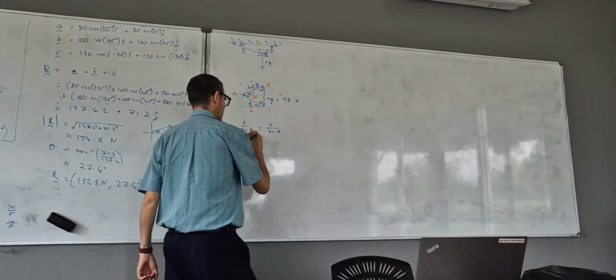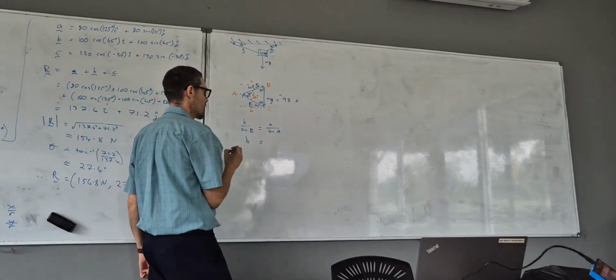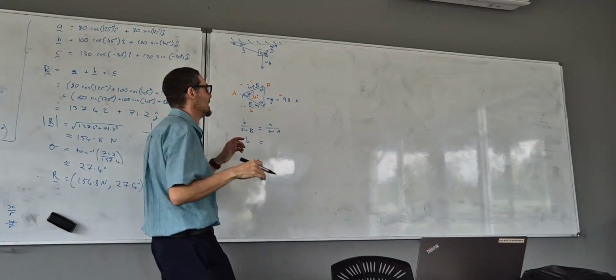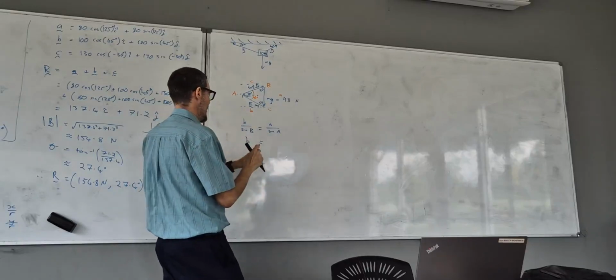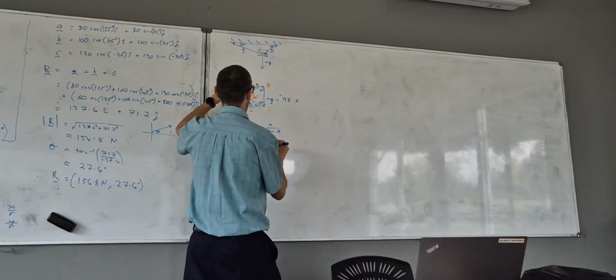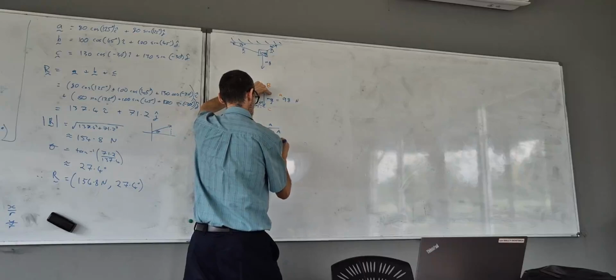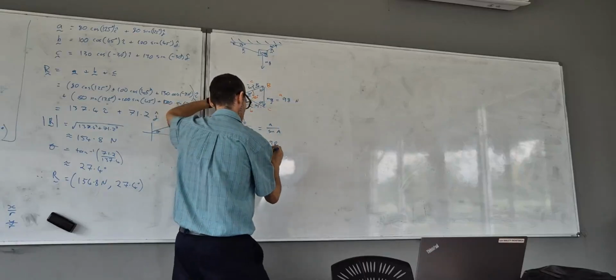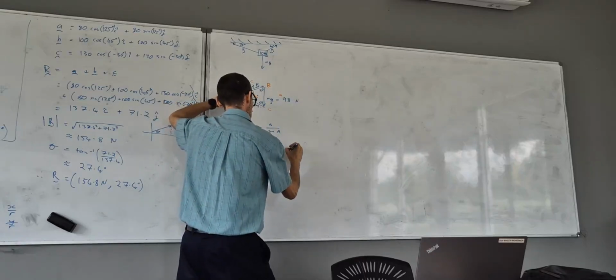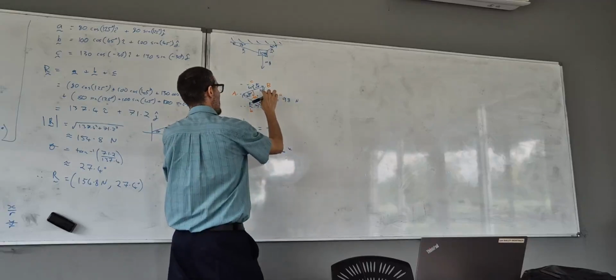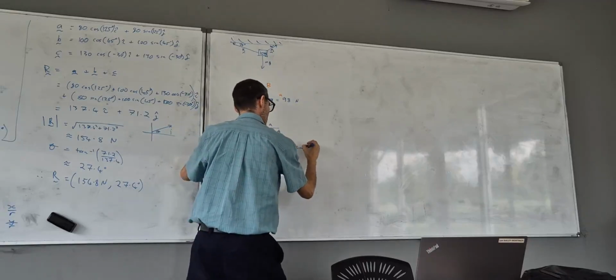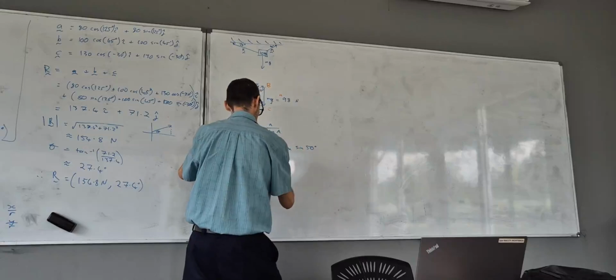So my length B must be A, that's 98, over sine 65 degrees, times sine B, which is 50 degrees. Calculator time.